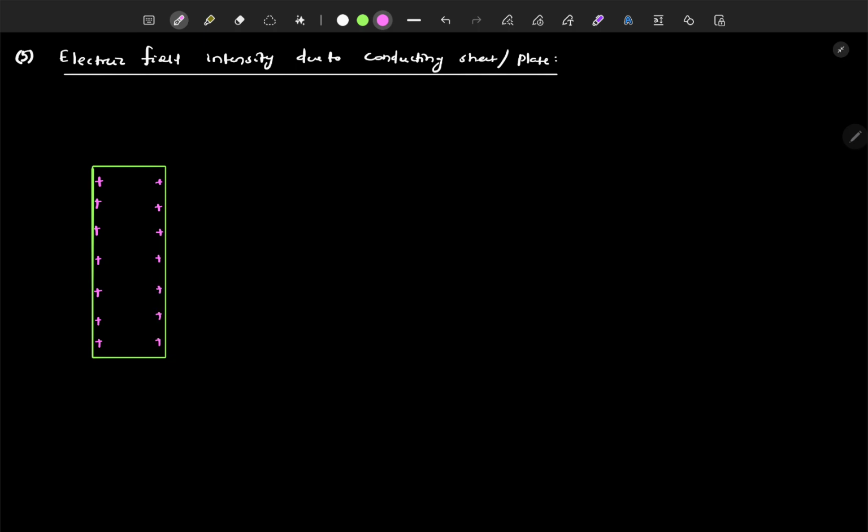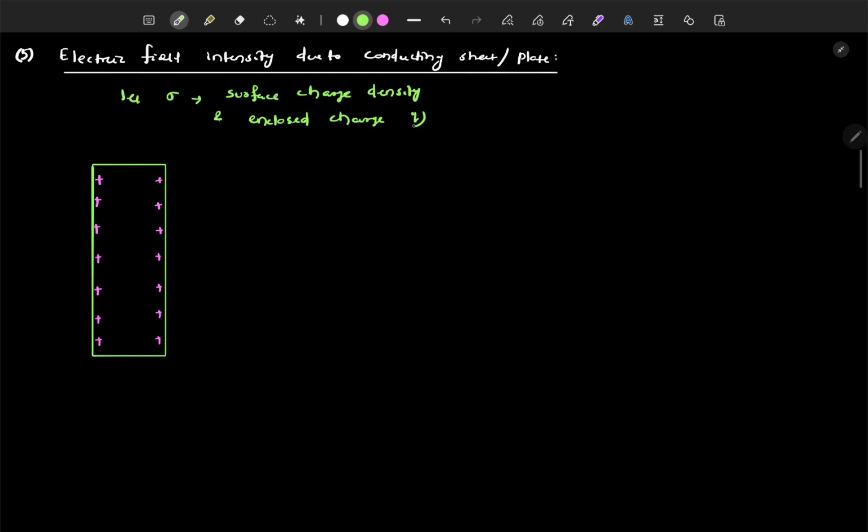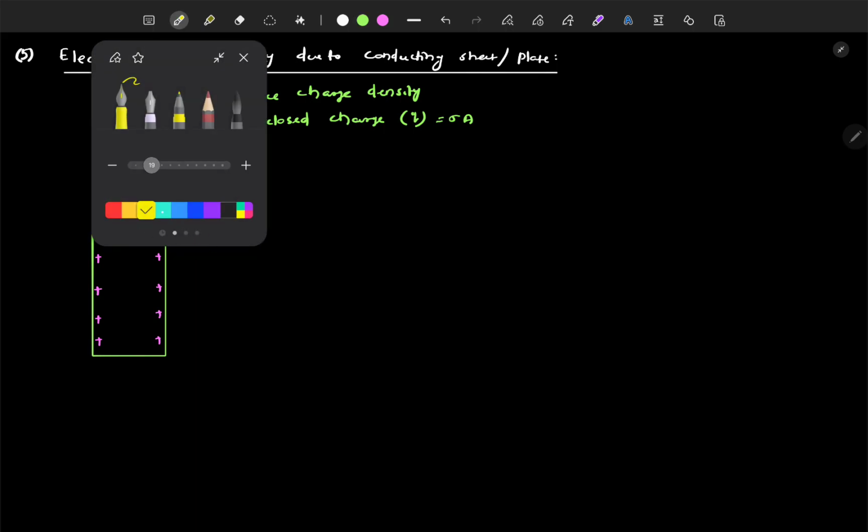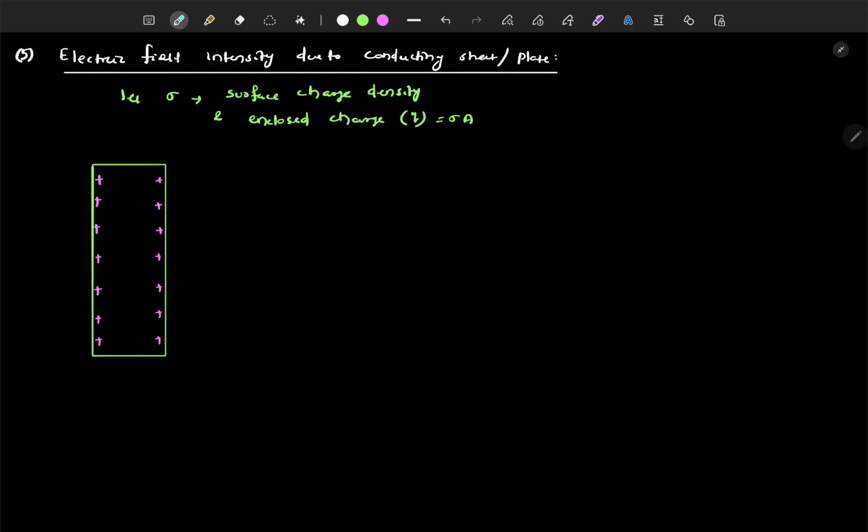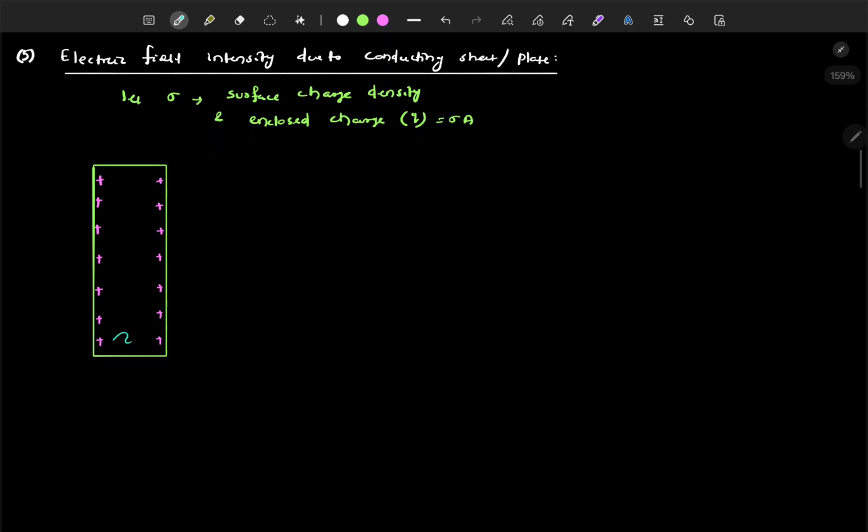Yes, so in this case, let sigma be the surface charge density, and the enclosed charge Q is equal to sigma into A. In this case also you can think about your pillbox type Gaussian surface, and this is your conducting sheet, meaning inside the conductor the electric field is 0, we know this thing.